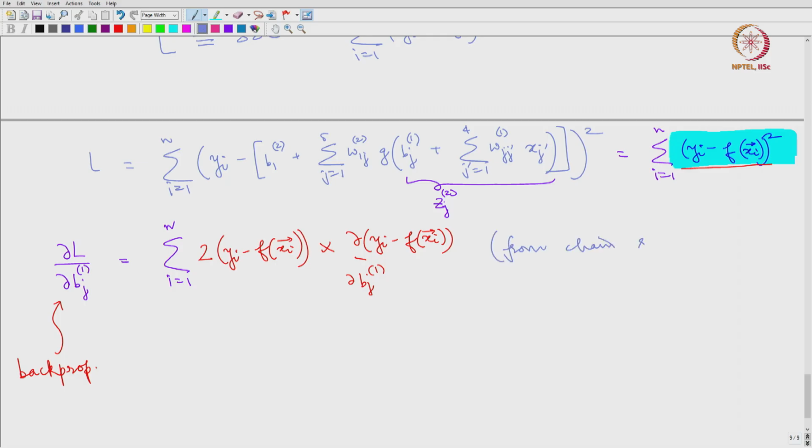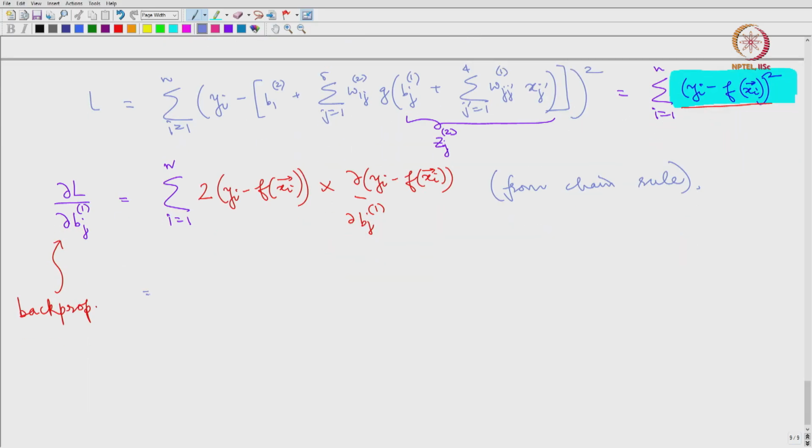So, you will have to look up the chain rule if you do not remember it, but that is really important. So, this becomes the sum over i going from 1 to n of 2 times (yi minus f of xi) times... you know that yi is a constant, so the derivative of a constant is 0.